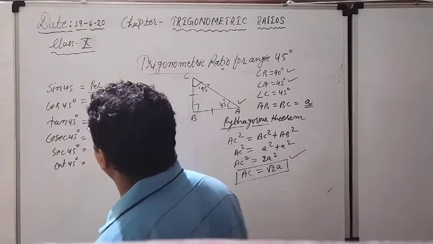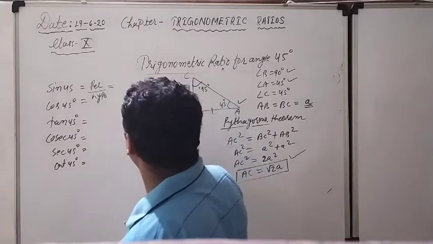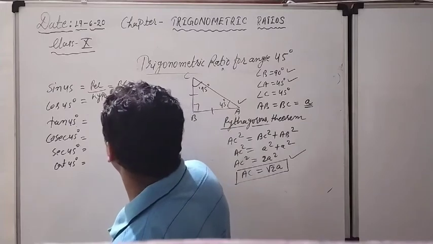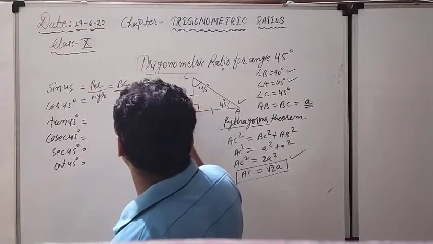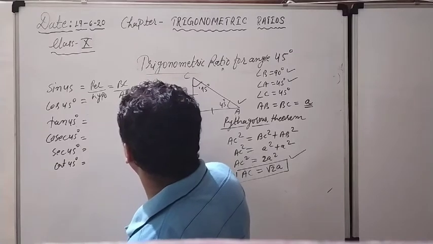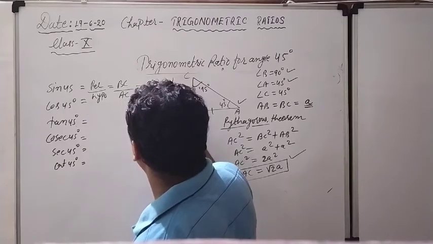The perpendicular, considering angle A, is BC. So BC upon AC. What is BC? A. What is AC? Root 2 A. Here A and A are going to be cancelled, so 1 upon root 2.